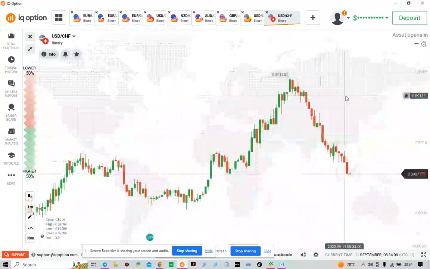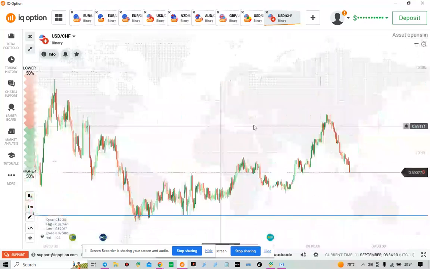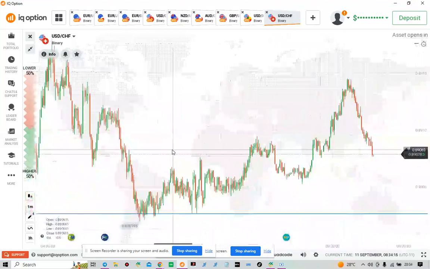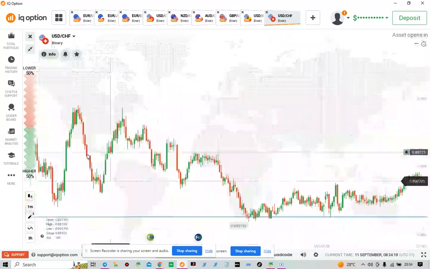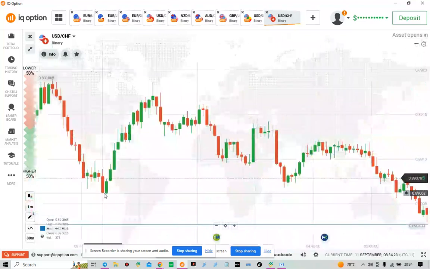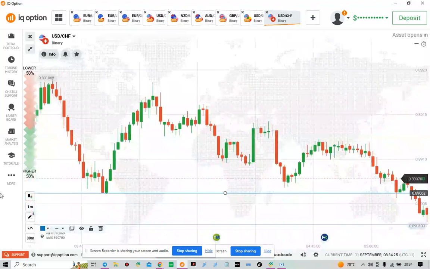Now, when I observe some price movement again, I go to the left side again. Then I drop some levels, something like this. I look on the left side, I see the buyer center here.